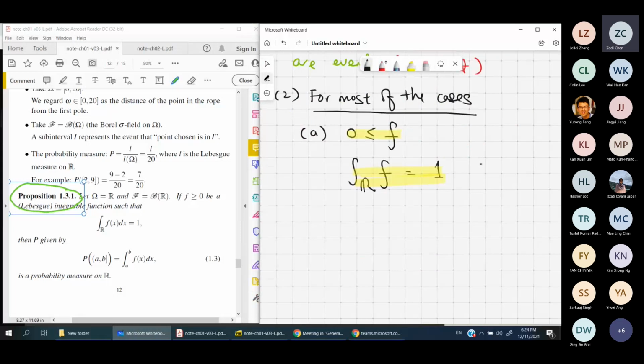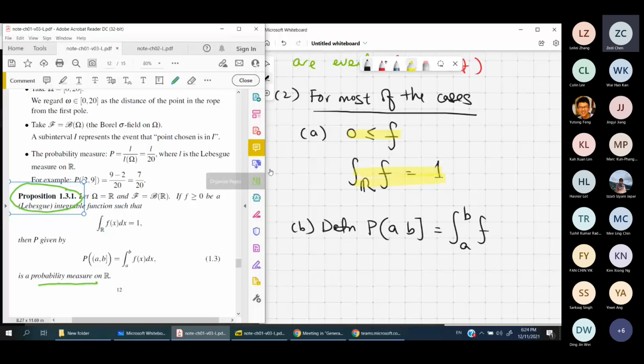When you have a function which fulfills these two conditions, you construct P in this way: P of (a, b] is the integration of this function from a to b. In this case, P must be a probability measure on R.